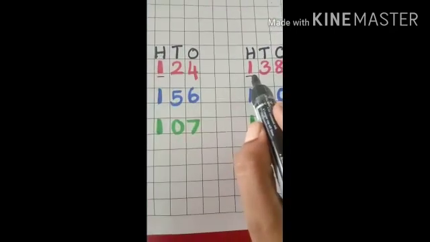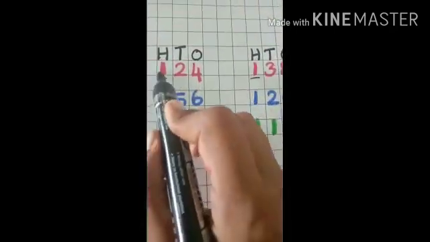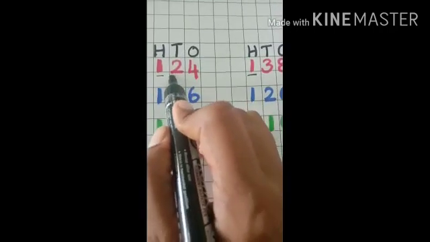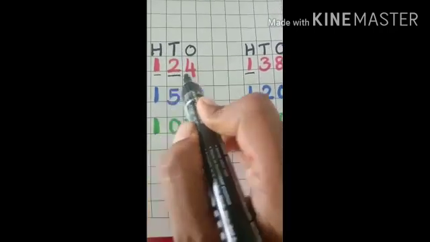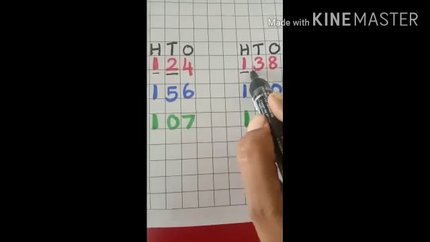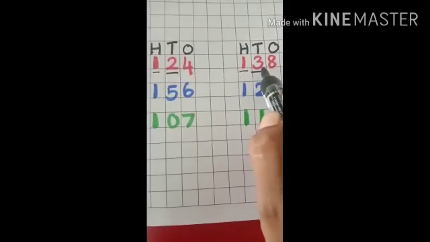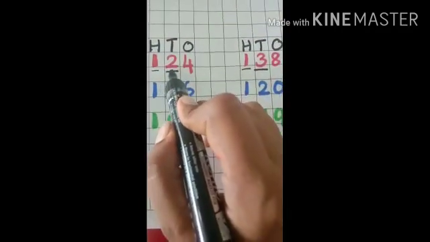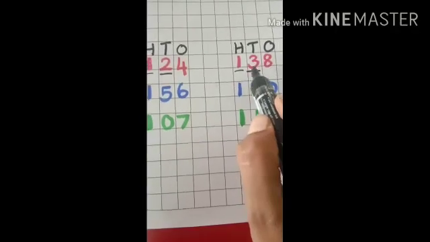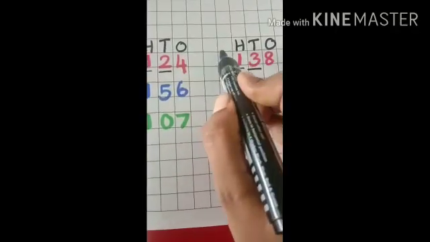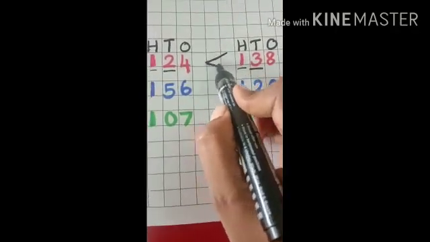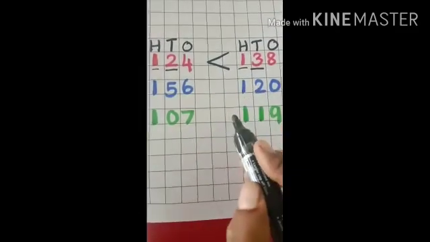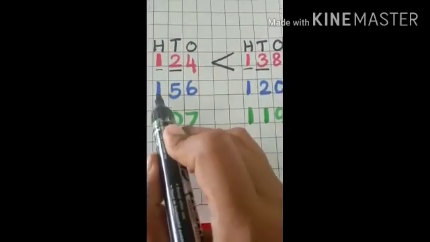Here also 1, there also 1. So we are jumping to the next place, tens place. Here we got 2 and there we got 3. So we are comparing the numbers 2 and 3. Now which is the greater number? Yes, 3. So the crocodile mouths open towards the greater number 138.